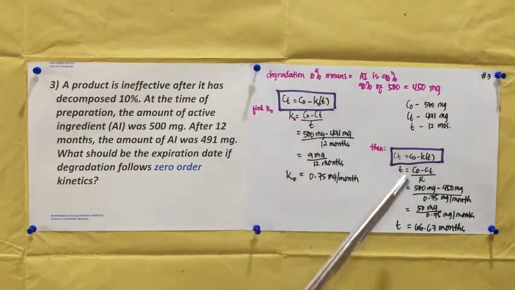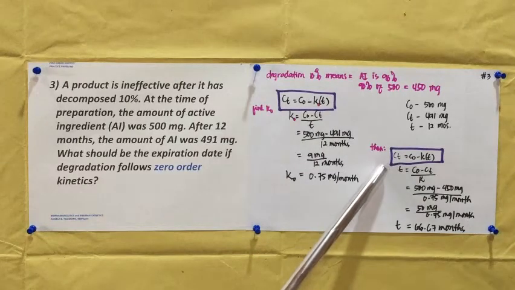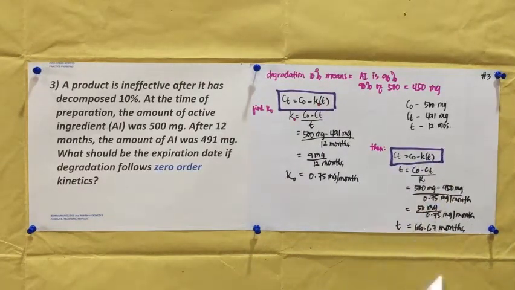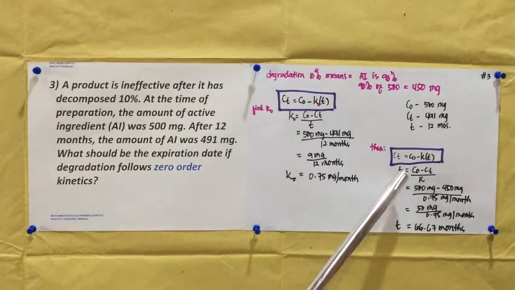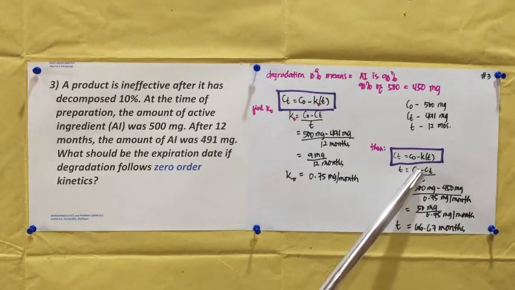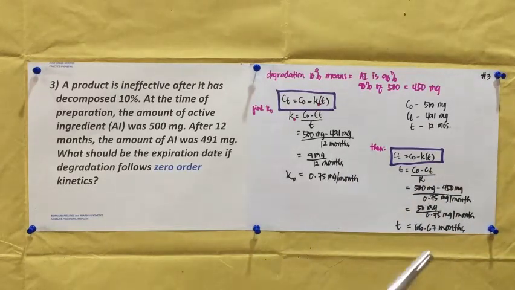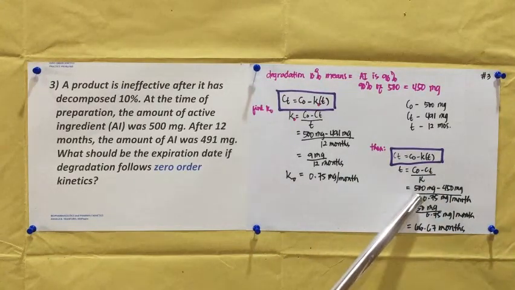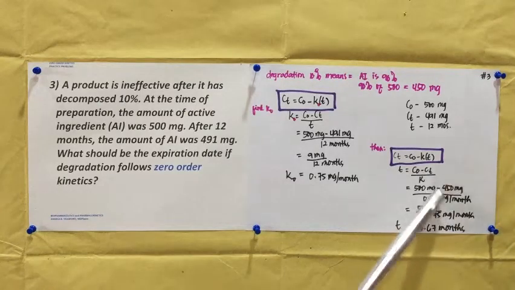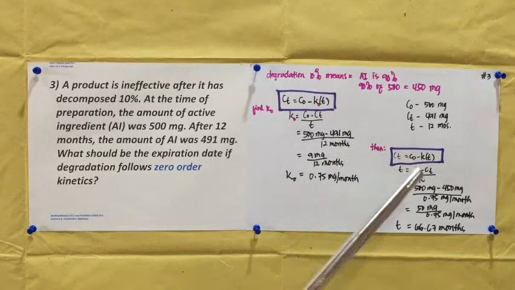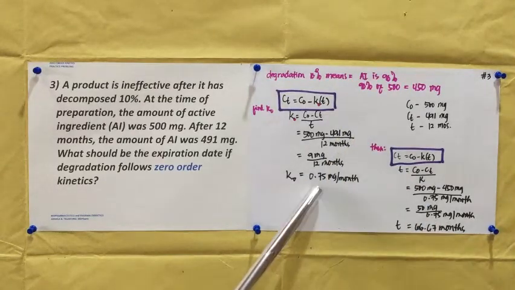Using the same formula, CT is equivalent to CO minus KOT. So, T is equivalent now to CO minus CT divided by the KO. So, substituting 500 milligrams minus 450 milligrams, kasi that is the new CT, divided by the KO, which is 0.75 milligrams per month.